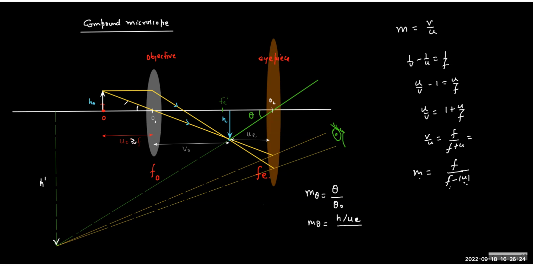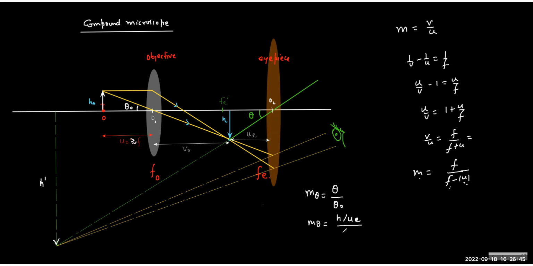So the angle subtended on the objective is theta naught, because the light ray is coming to the objective first. So what if your eye had been at that location? You would have been looking at theta naught. The unaided eye definition is the same.